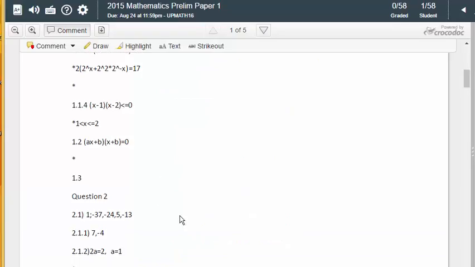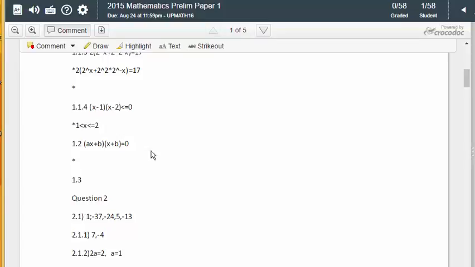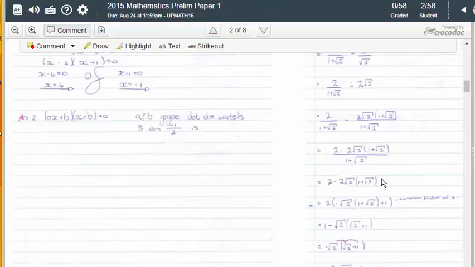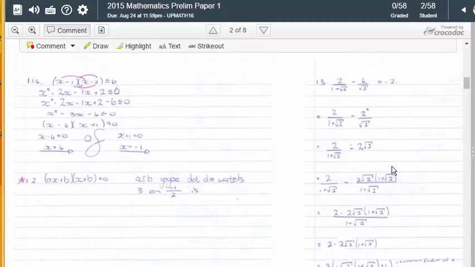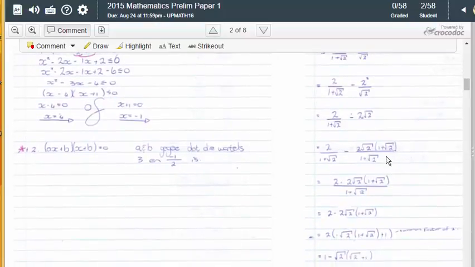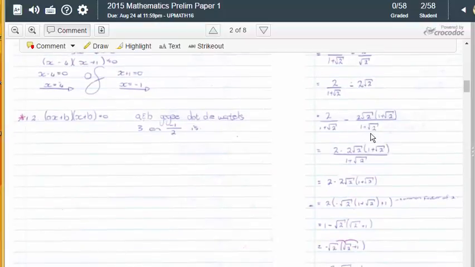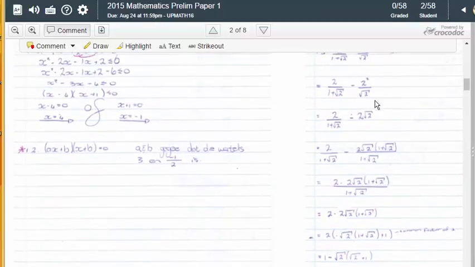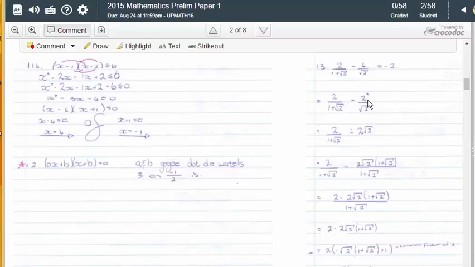So let's just quickly look at it. Student 2 didn't attempt it, student 1 attempted it and did a pretty good job of it, I must say. So up to this point she's doing it correctly. First of all, I think she just multiplied both things with a square root of 2.